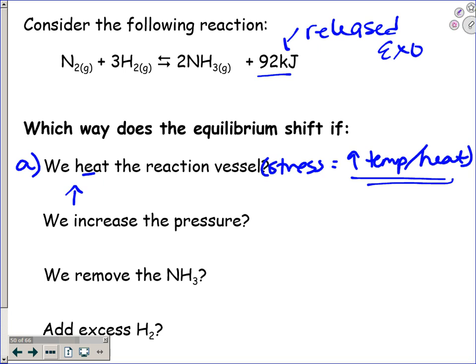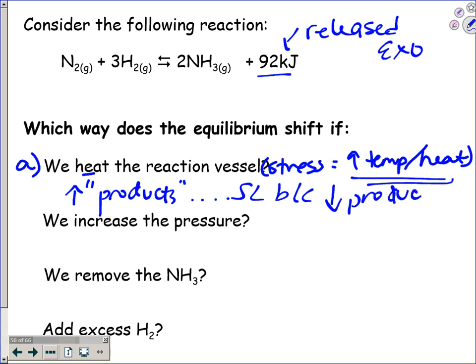That's what I'm writing here. I've increased the products. So which way will that shift if I've increased products? In the opposite direction, right? So we're going to shift left, because I want to reduce products, and that will cause an increase in reactants to reestablish equilibrium.